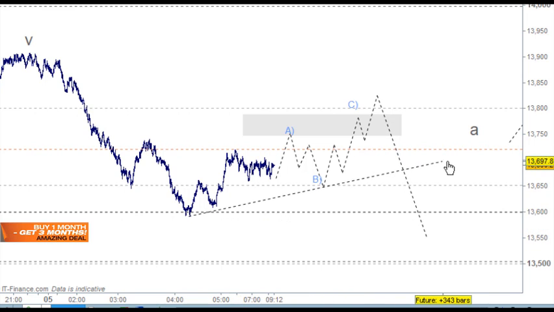And we can also look to short across here. We could also short below this wave 2 here. But this is all looking really quite big compared to this structure here.